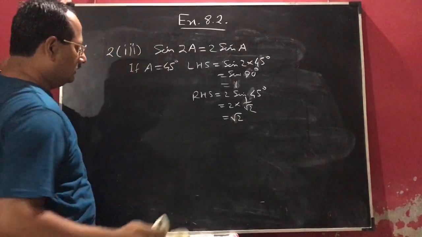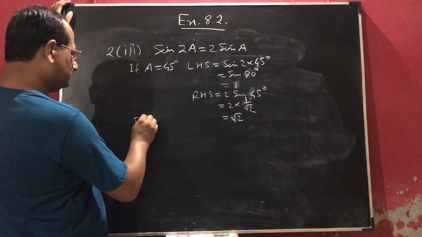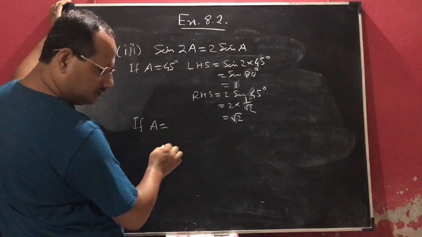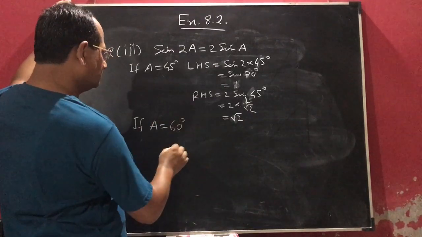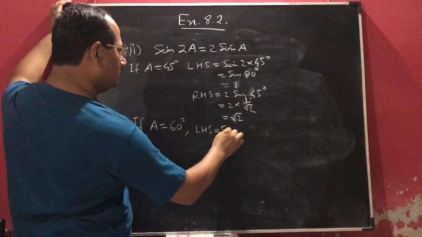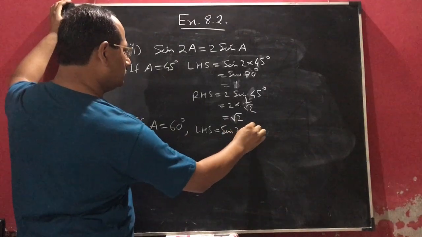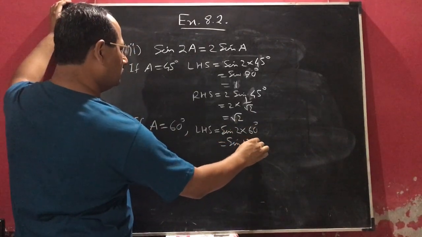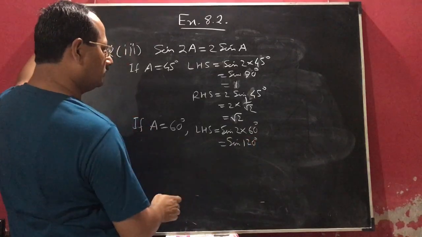And if A equal to 60 degree, left hand side equal to sine 2 into 60, sine of 120, we have no table value.